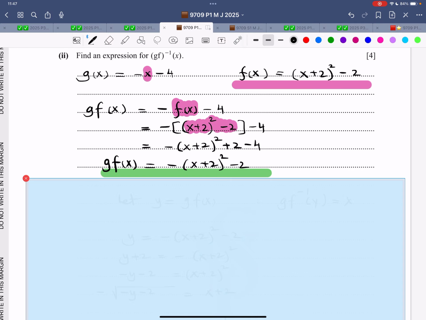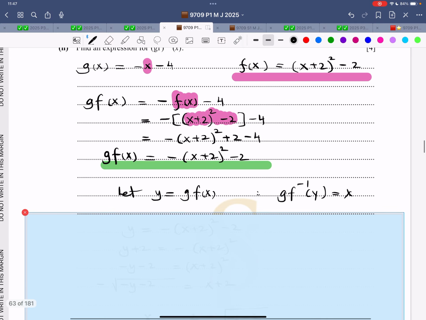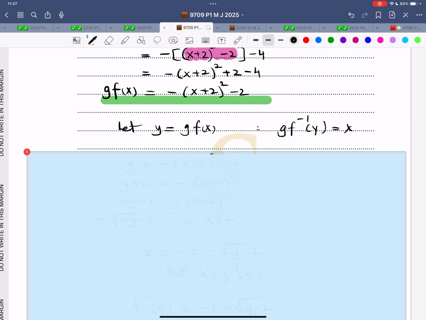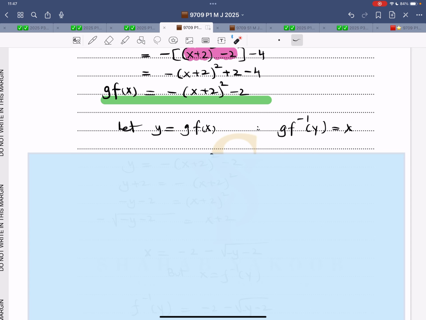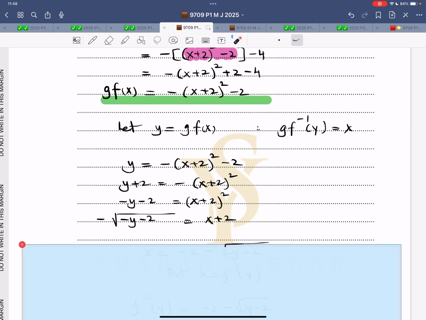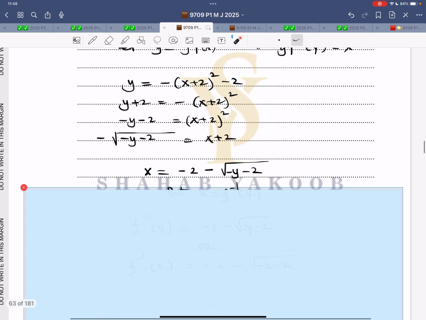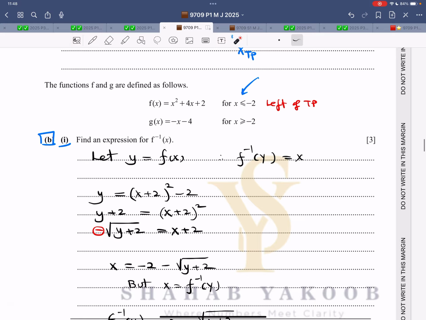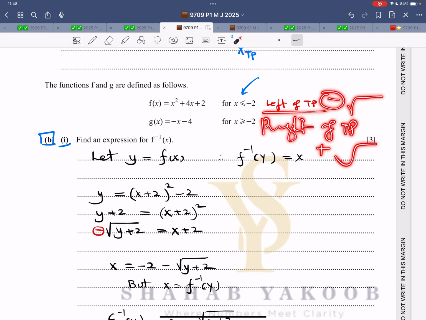Now it's kind of lame that they are asking to find the inverse once again. Maybe someone is too obsessed with all these negative signs. So now let y equal gf(x), the whole thing. Therefore gf inverse y is x. So y is there, and then we make this the subject, and then why are we applying a negative sign to the square root? Because when we go to the left of the turning point, the square root will have a negative sign. When we go to the right of the turning point, the square root will have a positive sign.